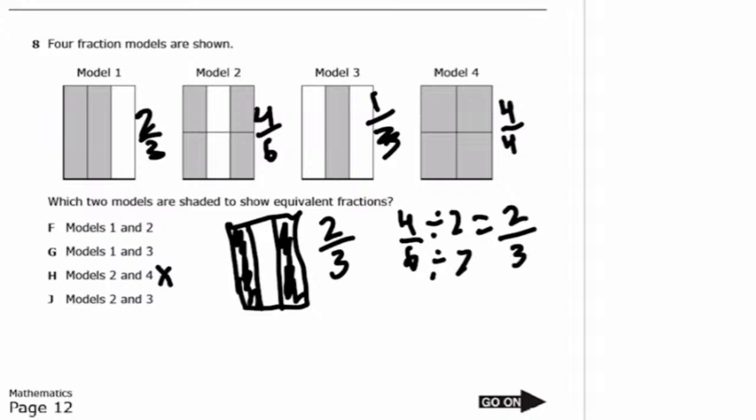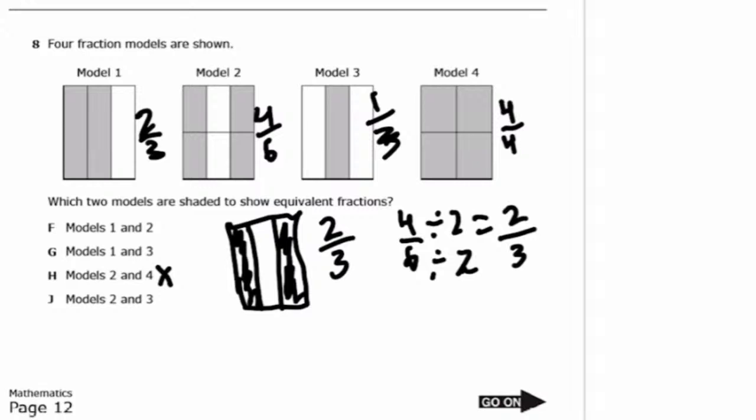So this allows us to see that the fractions 4/6 and 2/3 are equivalent fractions. Now the word equivalent really just means equal. So both of these fractions represent the same thing.